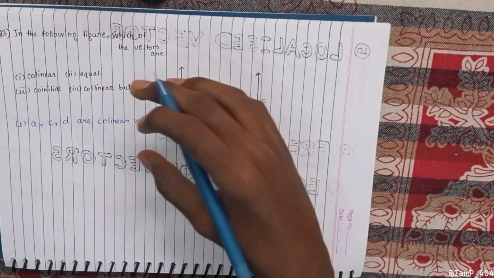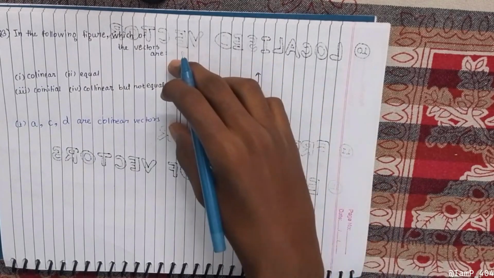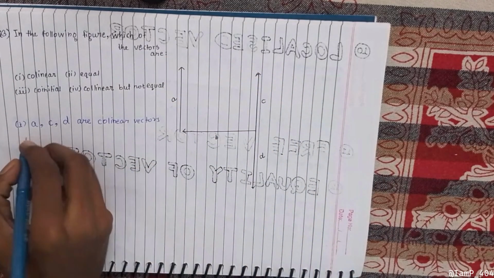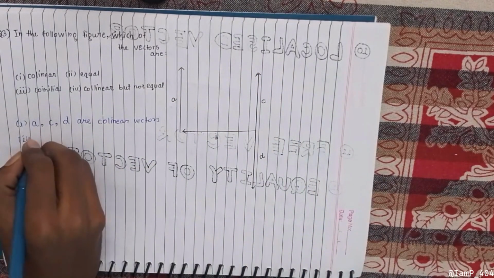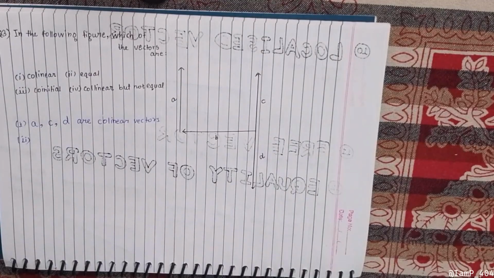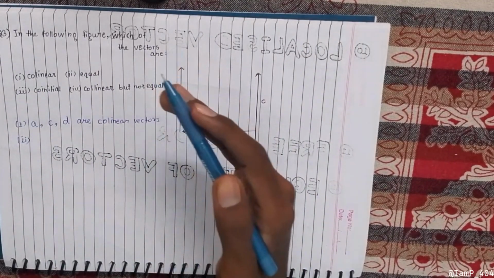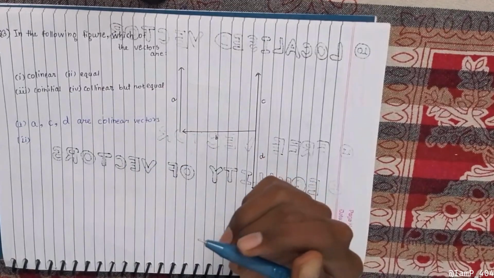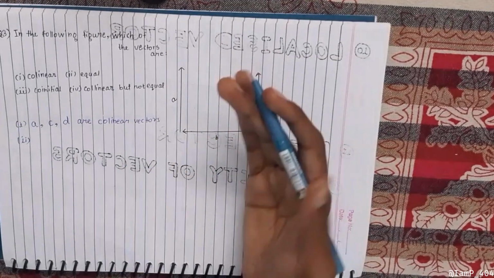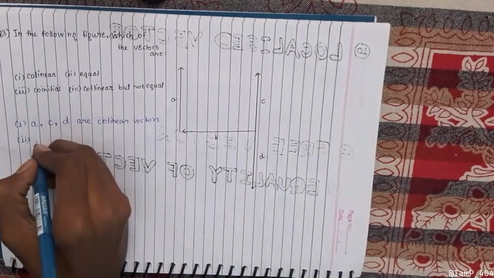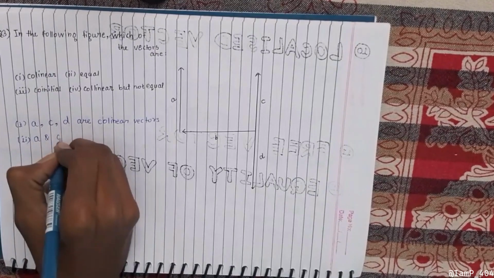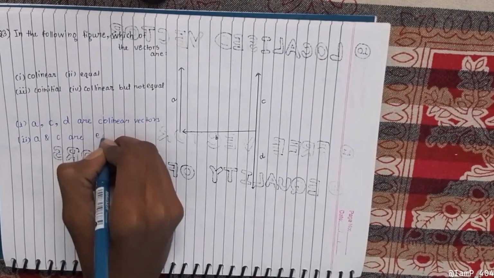When brought together, it is collinear, and D also brought to A is collinear. Now equal vectors. Which of those are equal? I think this is A and C, because they have the same magnitude, the same support, and the same sense of direction. So A and C are equal vectors.